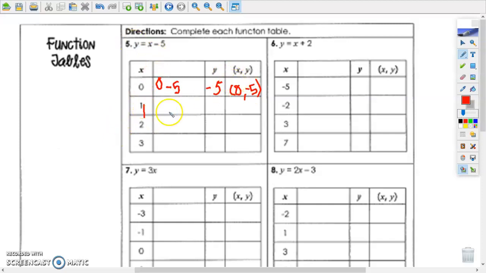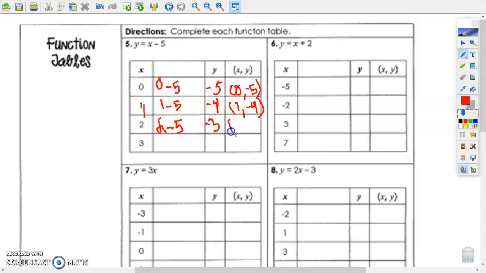Then we're going to put a 1 in instead of the X. So we're just substituting, we're doing the math in this middle part, and then it gives us the Y coordinate based on that equation. 1 minus 5 is -4. And then that gives us the new ordered pair, 1, -4. So where am I getting that 1 from? Right here, the X. Now I'm going to put in a 2 for the X, and 2 minus 5 is -3.